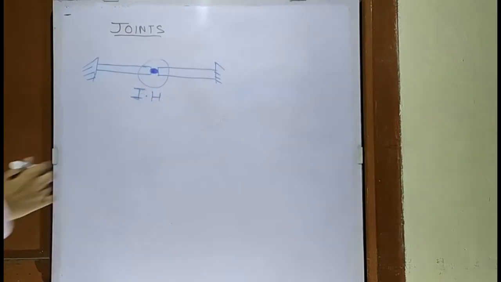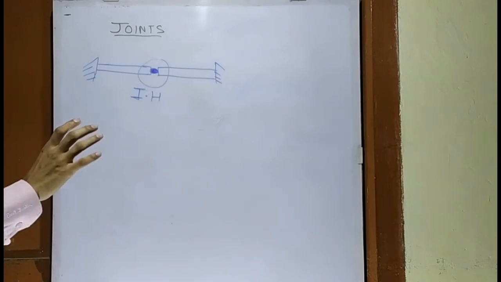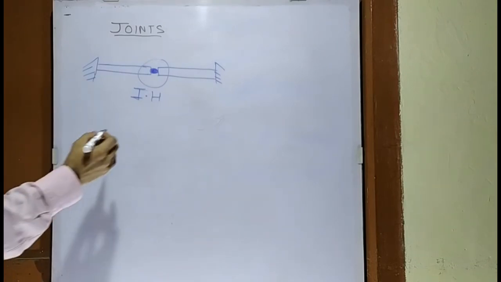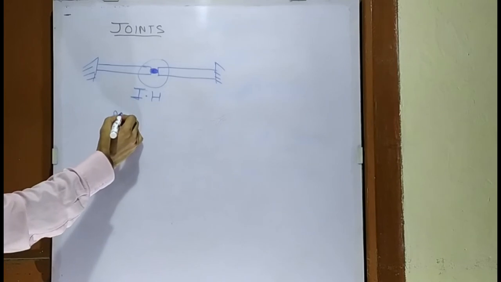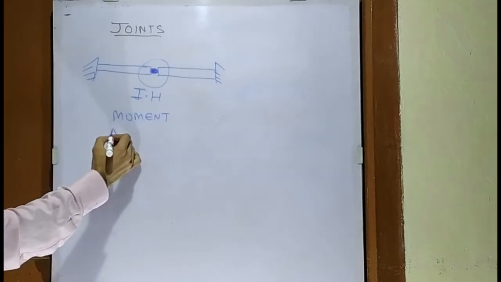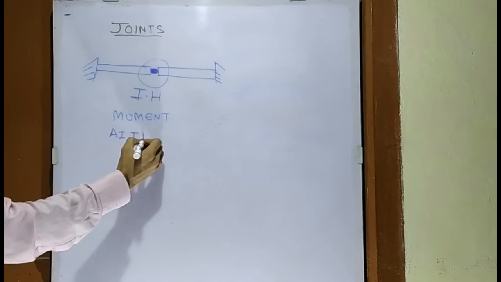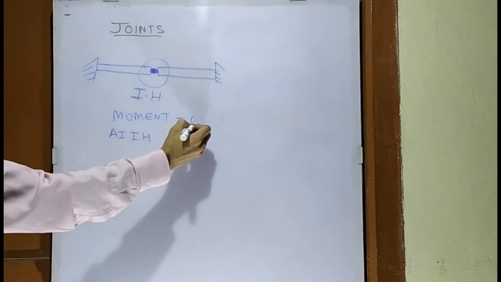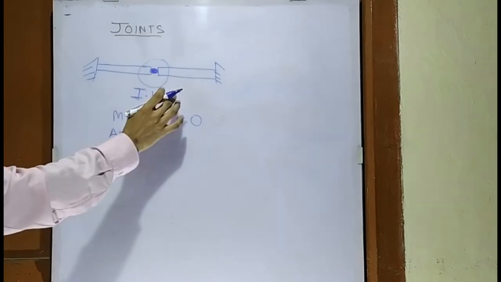The main thing about this joint is that it can only transfer forces; it cannot transfer moment. So moment at the internal hinge will be 0.